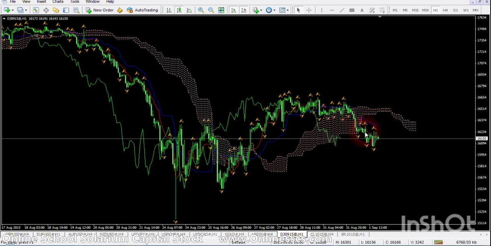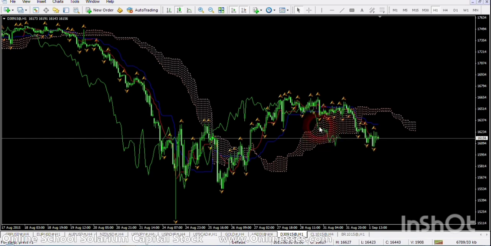Now, you see, rule 1, the color of my cloud. Rule 2, the lines. Rule 3, I should again get a final confirmation, if my trend is going to be a downtrend, is it confirmed, or is it going to go up suddenly?